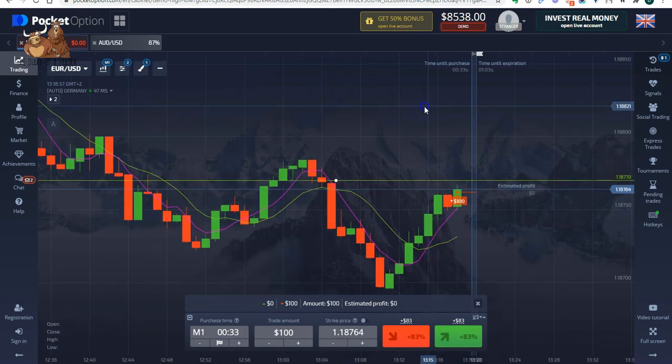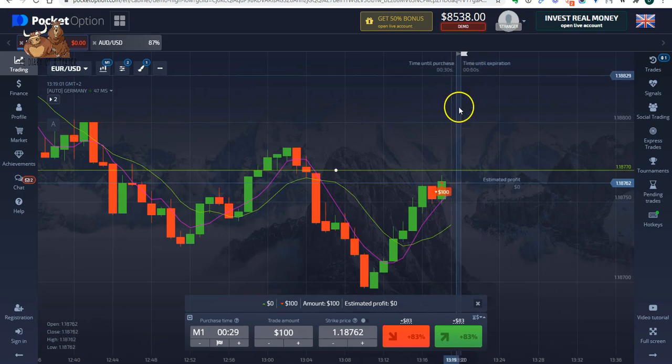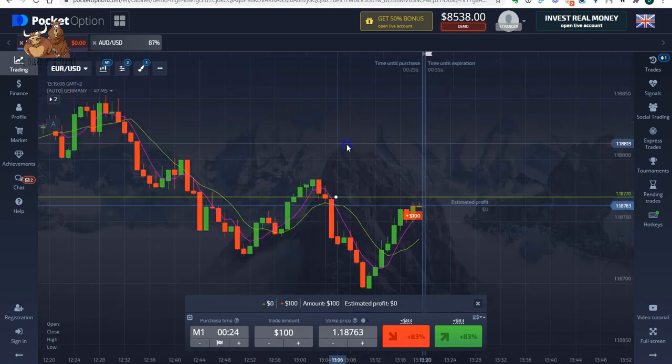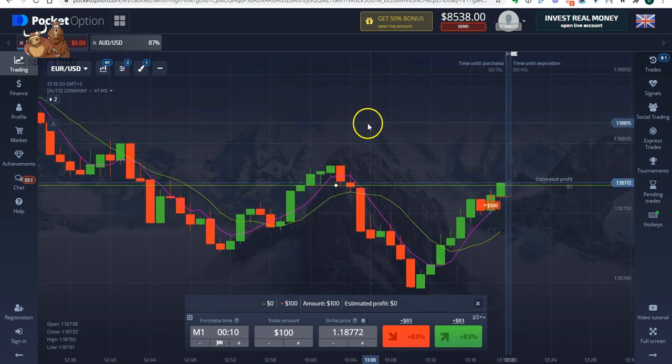So you will see the market moving live, and we'll have the time to expiration. The market will move, and the price that is set at the end of that expiration will determine a win or a loss.